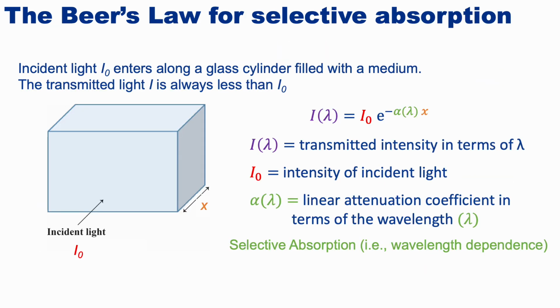So when we were defining the selective absorption, I guess you guys are thinking what is going to change for the Beer's law. What is going to change in the Beer's law is that now, when we have selective absorption, our attenuation coefficient is wavelength dependent. Therefore, our transmitted intensity is also wavelength dependent.